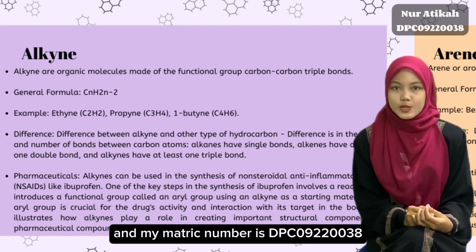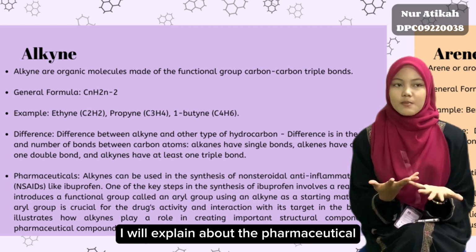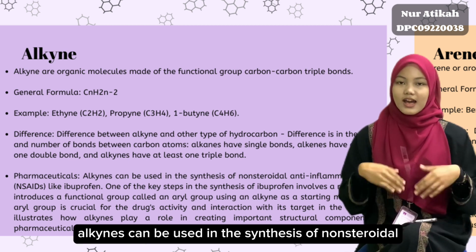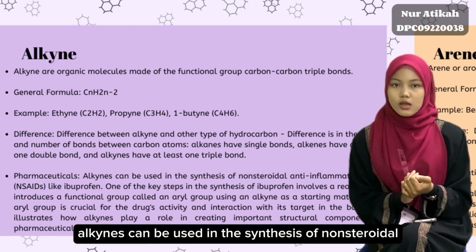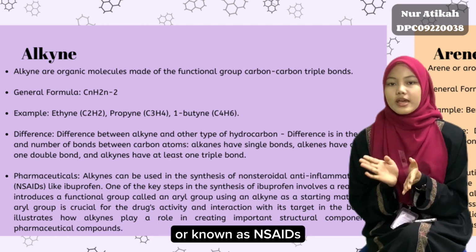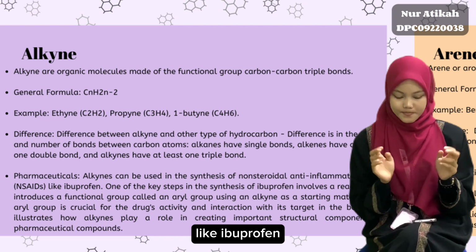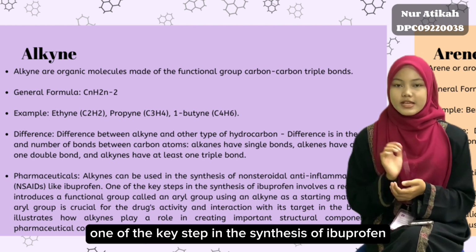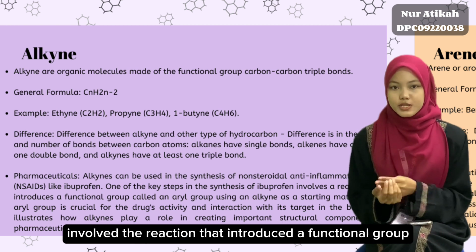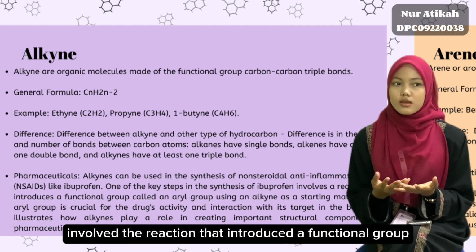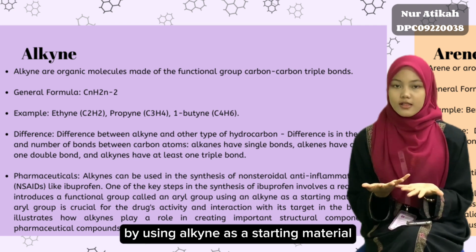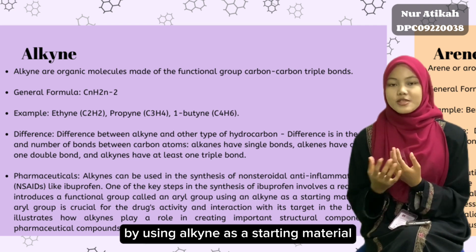I will explain about the pharmaceutical related with drugs, or known as NSAIDs like ibuprofen. One of the key steps in the synthesis of ibuprofen involved a reaction that introduced a functional group called aryl group by using alkynes as a starting material.